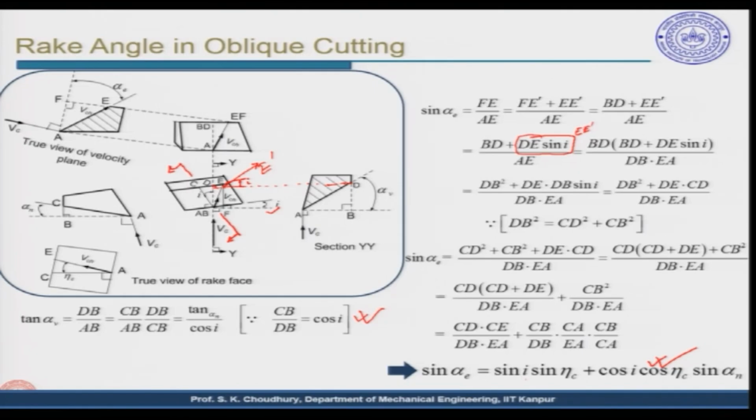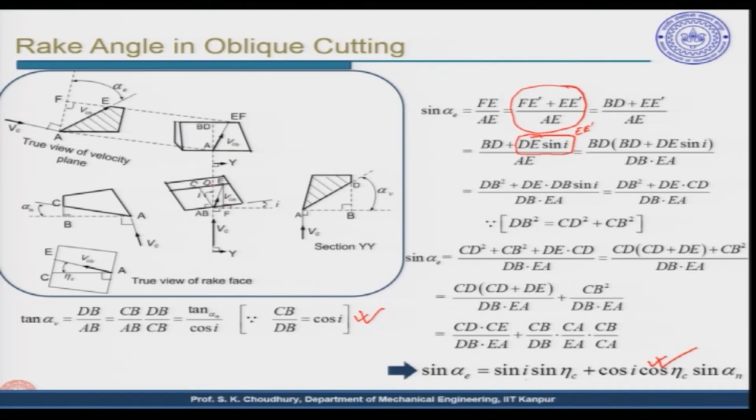Although this looks a little complicated, you have to understand the diagram. Once again I will show you that geometry, which may not be very clear because it is not shown here, so as not to complicate it. See, this is this factor. FE is the projection of E on the line perpendicular to the cutting velocity vector.